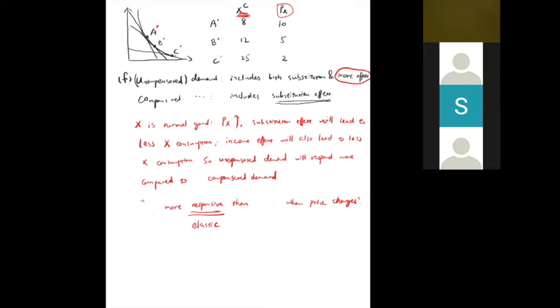Our conclusion is because uncompensated demand includes 2 parts that are of the same sign, but compensated demand only includes 1 part, that is the substitution effect. So uncompensated demand is more responsive than compensated demand when price changes.